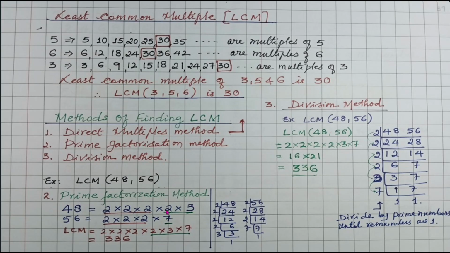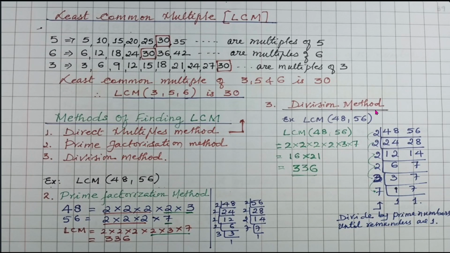Then the remaining factors 2, 3, 7 are not common, but we have to multiply them too. So 2 into 2 into 2 into 2 into 3 into 7. When we multiply, we get 336. So 336 is the LCM of 48 and 56. Remember that.